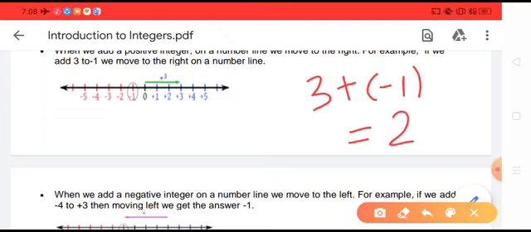On the number line, positive integers are on the right side of 0. Now we begin from 0 and go to 2. This is the number line representation.